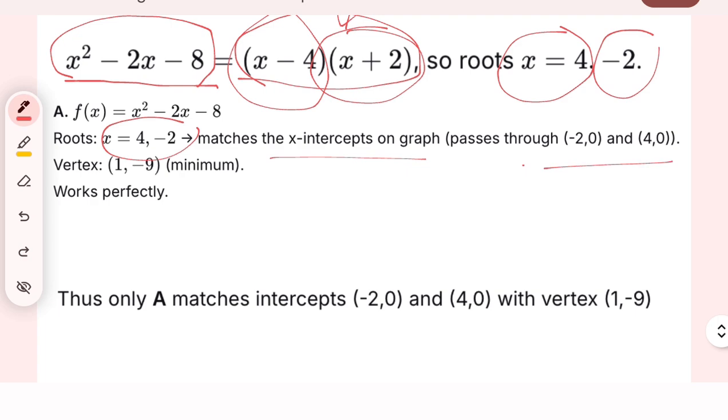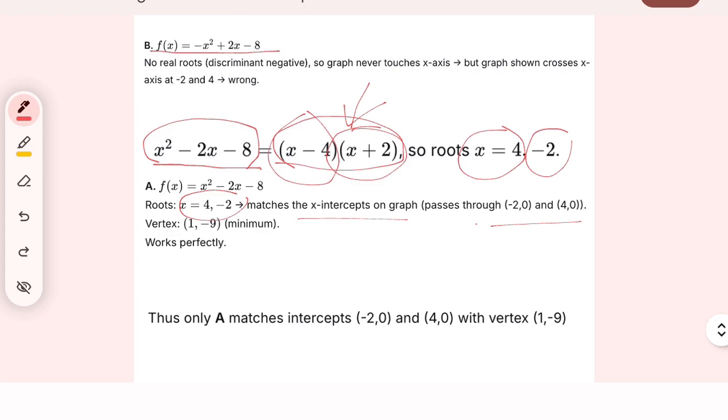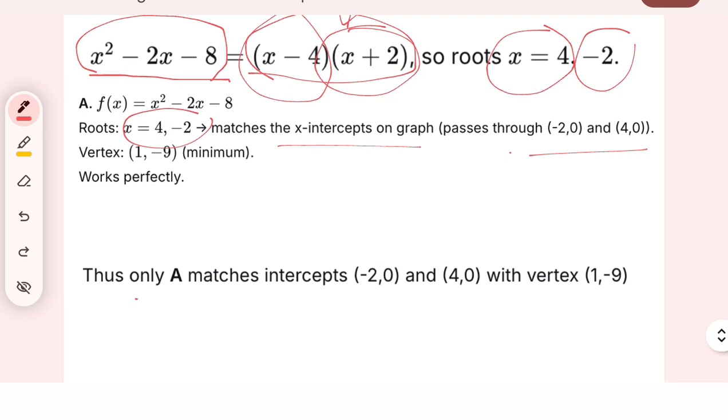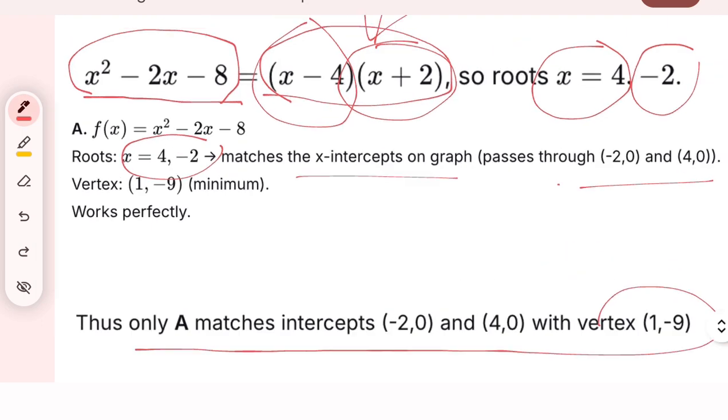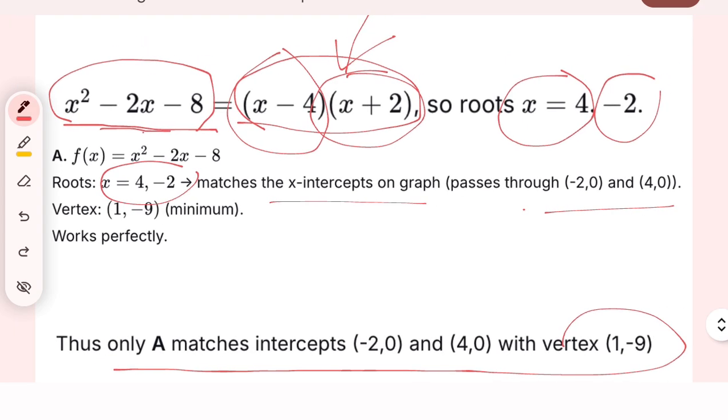Oh, by the way, this is already for A, right? We are actually going for A. So option A matches the intercepts and the vertex. For option A, the intercepts match the given figure.